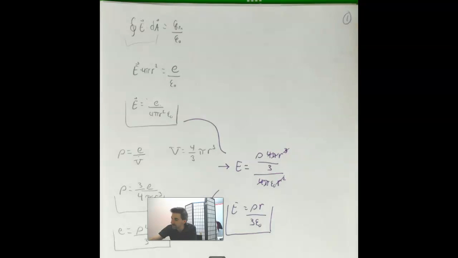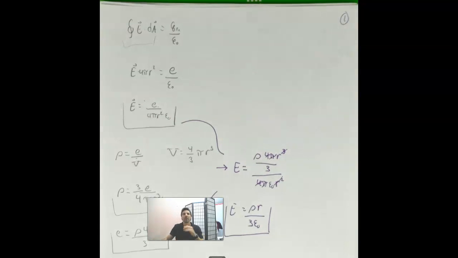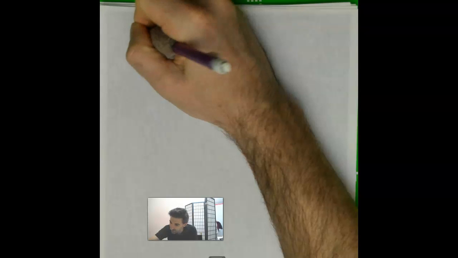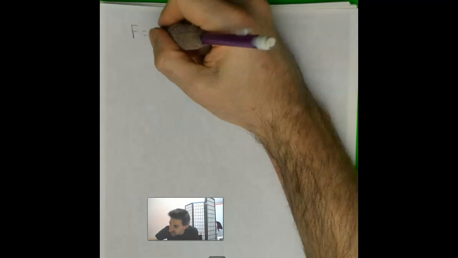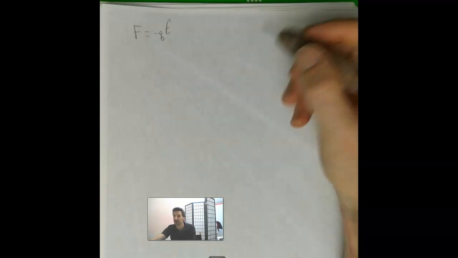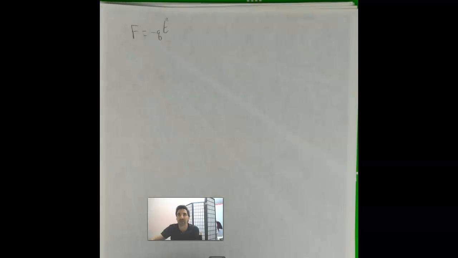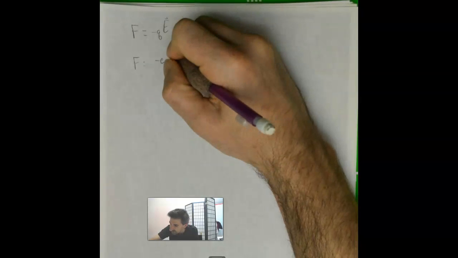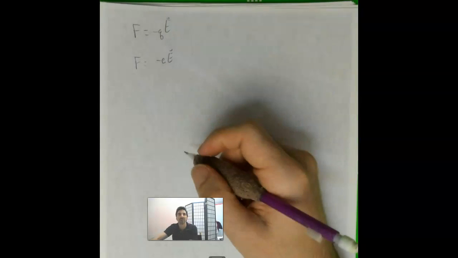So what is that helping us to do? Well, let's remember our simple definition of force. What is the electric force? Electric force is just negative Q times E. We've done that before, where my negative Q is e in this case, because they told us that in the problem. So I say F is equal to negative e times my electric field.